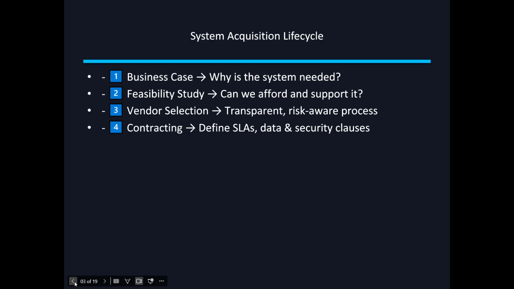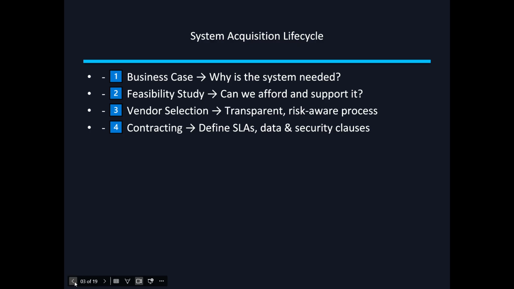It answers what business problem we are solving, what the cost, risk, and expected return are, and whether this aligns with the strategic objectives of the business. So what would you do as an auditor? Your first question would be, was there a proper business justification?